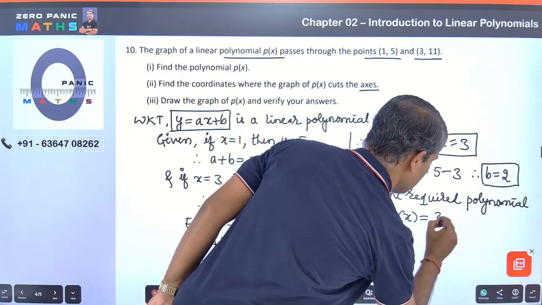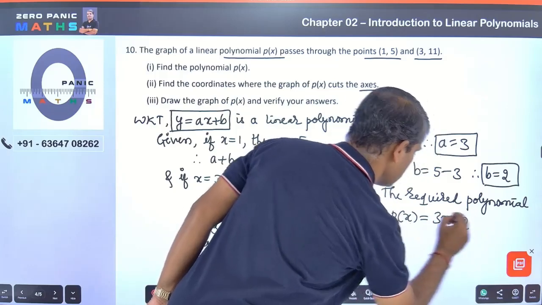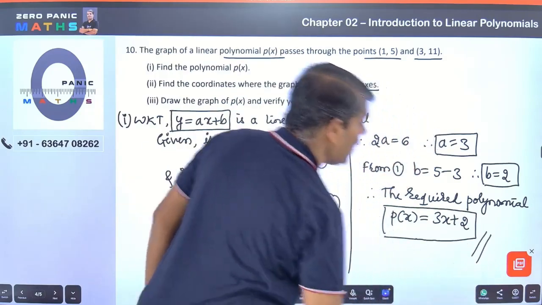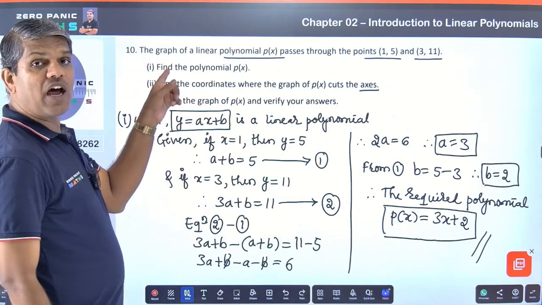That is 3x plus 2. Understood this? Now this is the answer to the first part of this question.